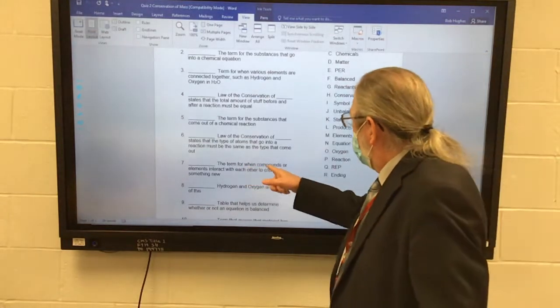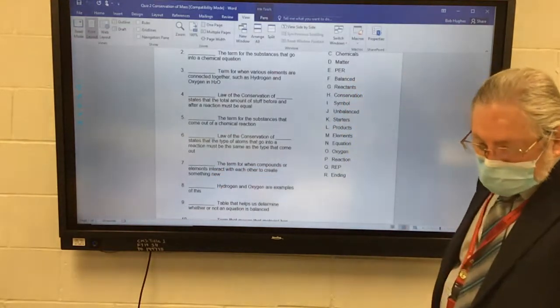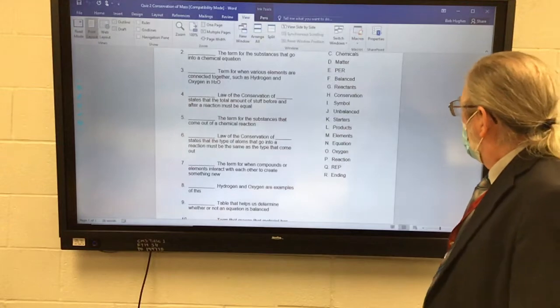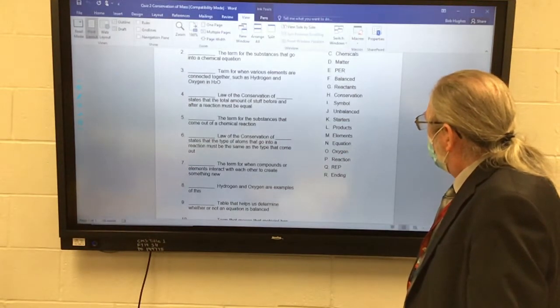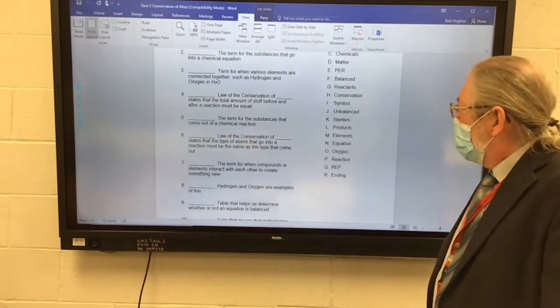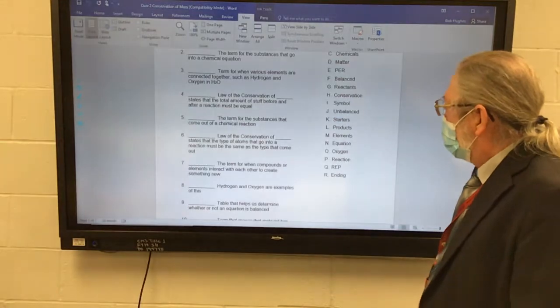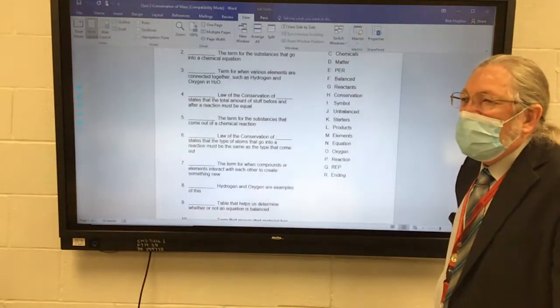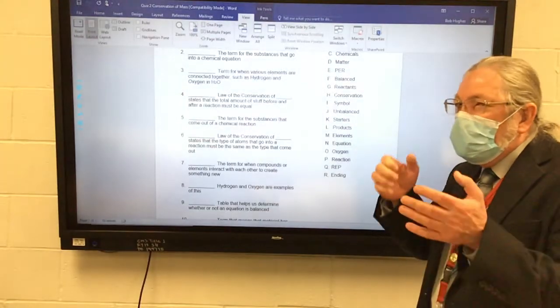The term for when compounds or elements interact with each other to create something new. So you create something new when you put compounds together.